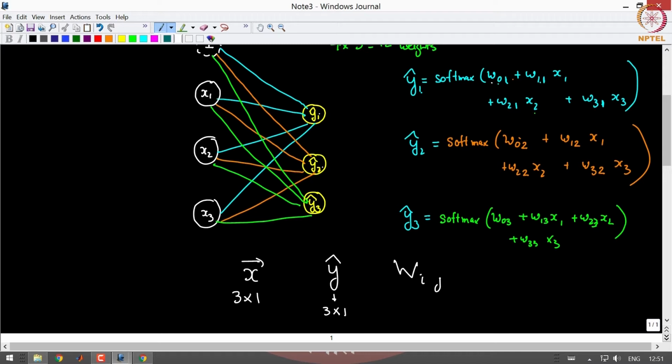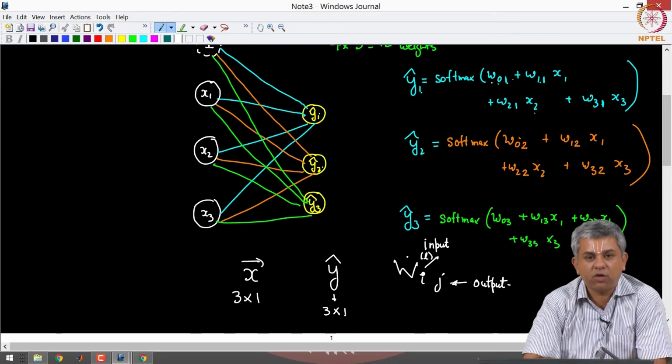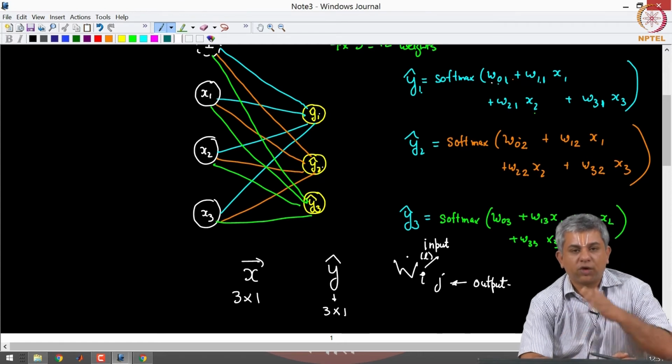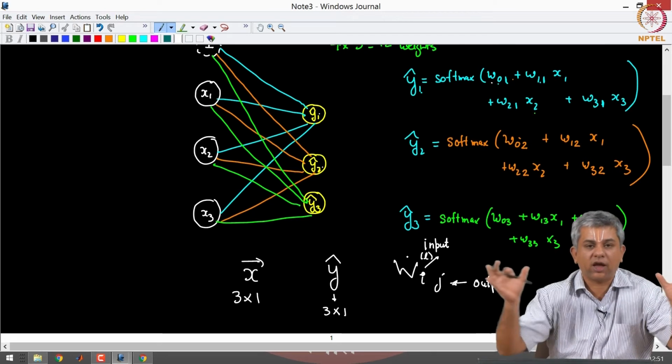W i j, where i is the input feature and j is the output feature. Okay. You had also seen in the earlier video with XOR that you could have more than one layer. In that case, typically we add an L here which denotes the level. Okay. So, you could have Wij1, Wij2, Wij3, etc. So, you will have multiple weights.